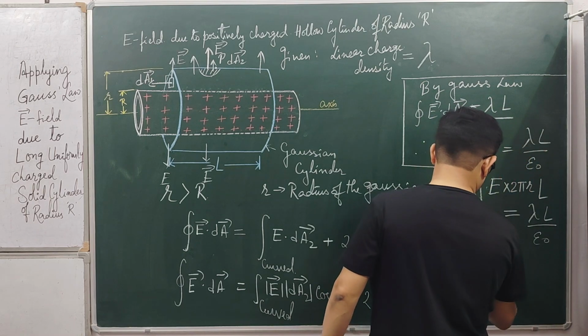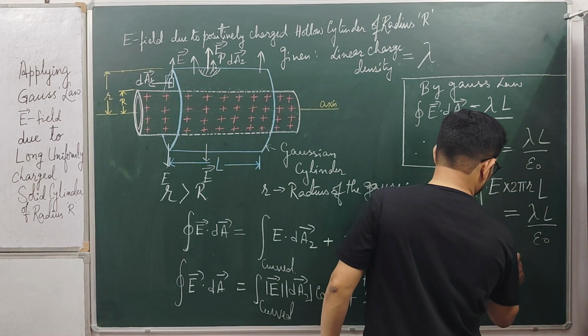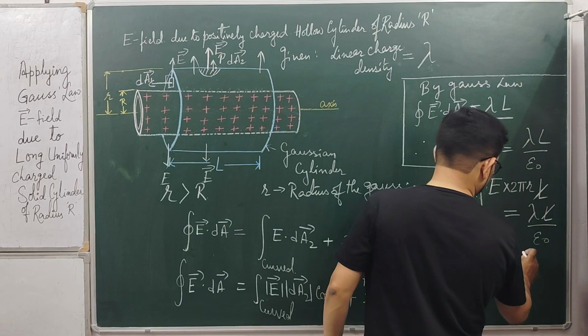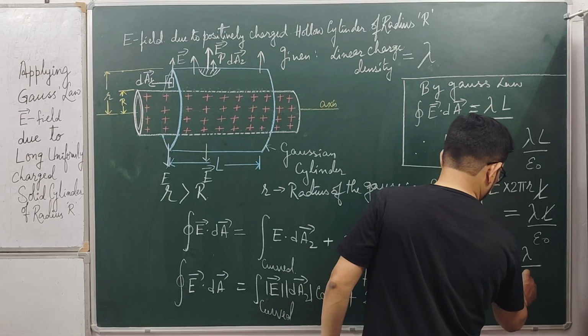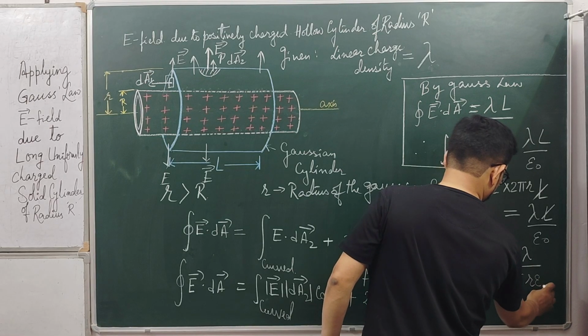So from here, L gets cancelled out, and we get E is equal to lambda divided by 2 pi r epsilon naught.